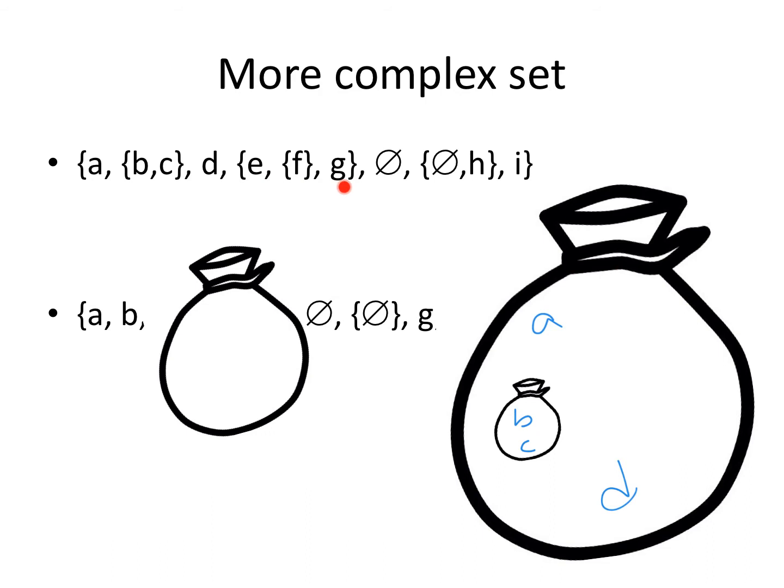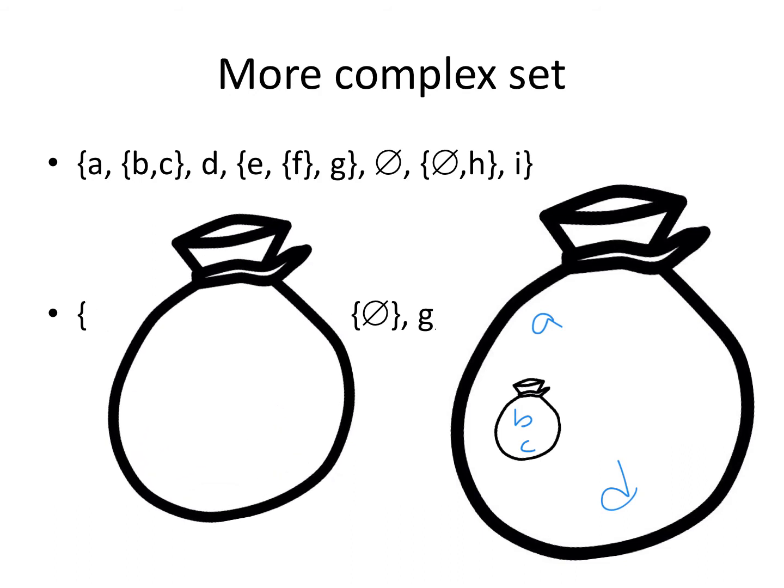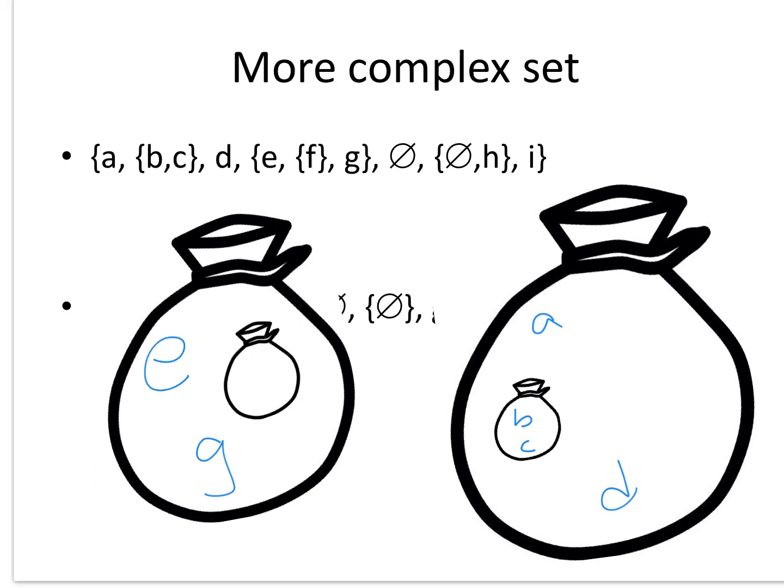So in this set, we have an E, a G, and another set containing F. Let's make this a little bit bigger, and we can put inside there, we've got E, we've got G, and then we have another set inside of there. And inside of that other set, we have this F.